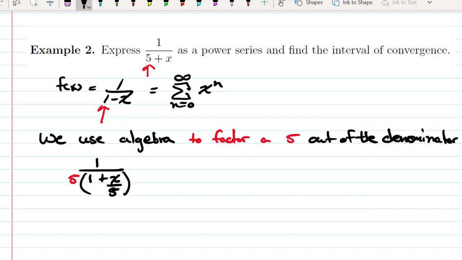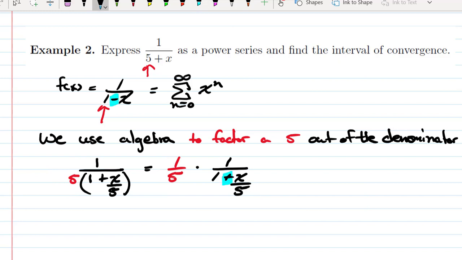And then we could rewrite this as 1/5, since we factored it out of the denominator, times 1 over 1 plus x over 5. But now we also need it to look like this, so we need it to have a minus sign.